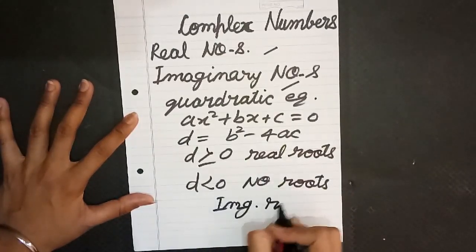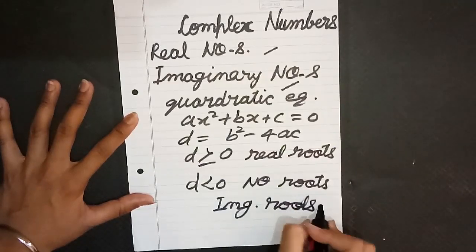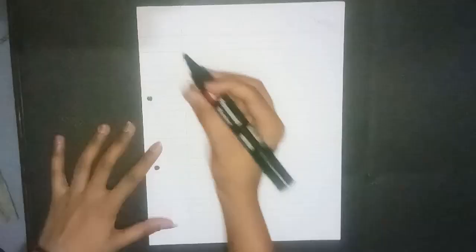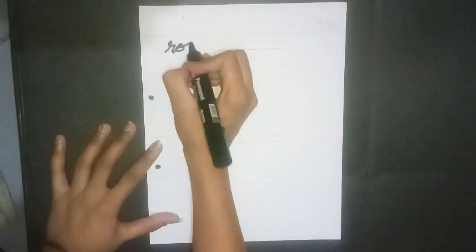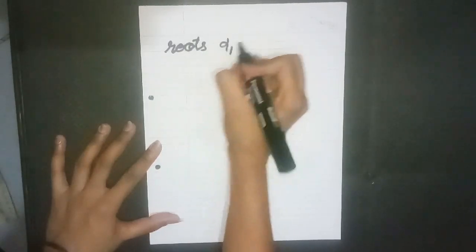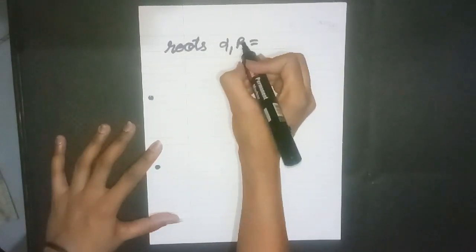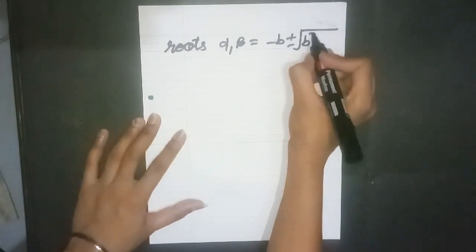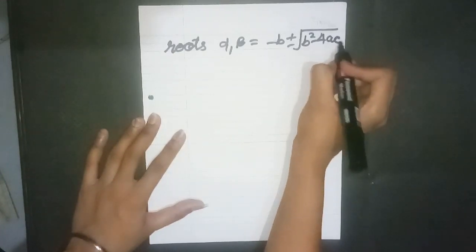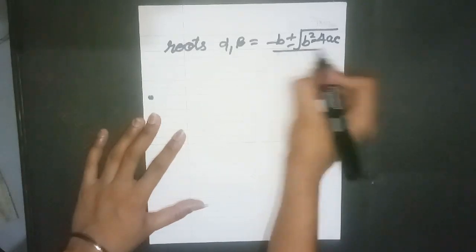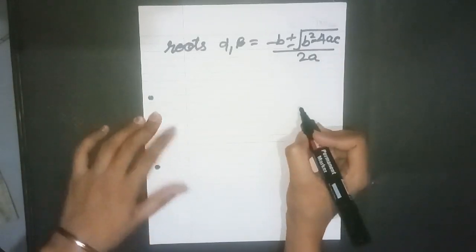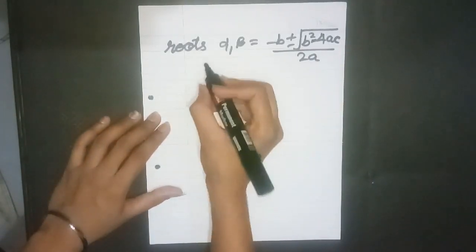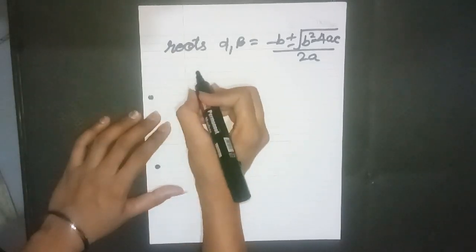Got it? Now roots of the equation, alpha and beta, are equal to minus b plus minus under root b square minus 4ac by 2a, right? So it is clear that b square minus 4ac cannot be negative, right?